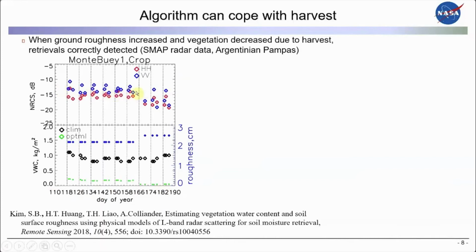But at this stage, there is a big drop in radar reading, which is associated with the removal of the vegetation. And that is shown by the retrieval of the vegetation amount in green. It's a big drop here. Corresponding changes in roughness, shown in blue, show an increase, which indicates the tractor operations.